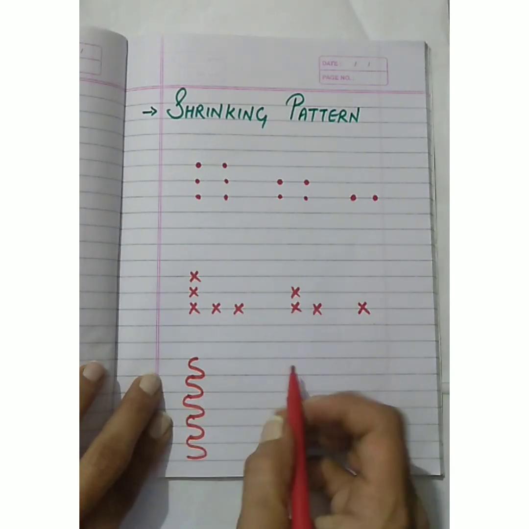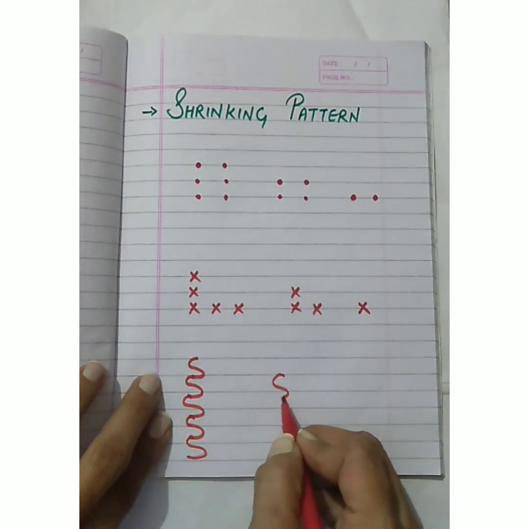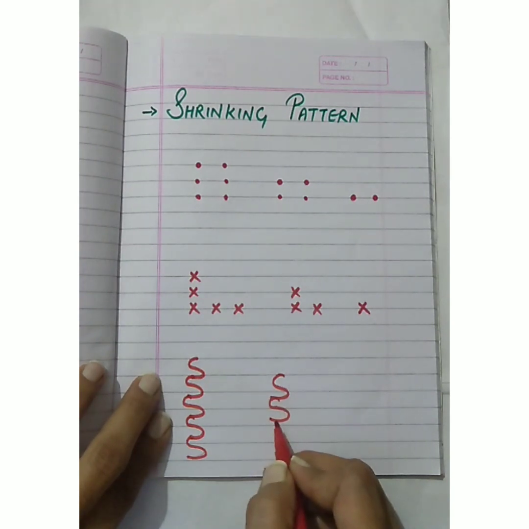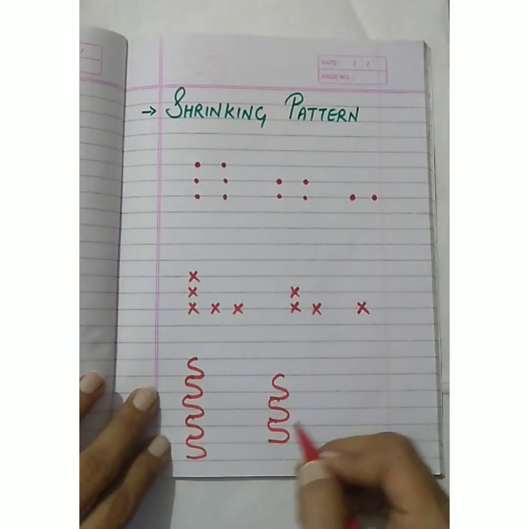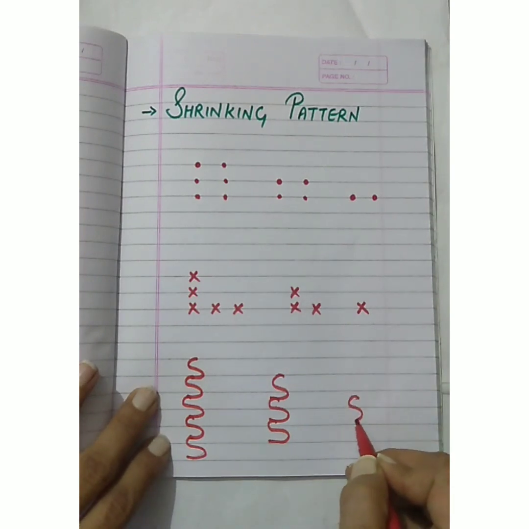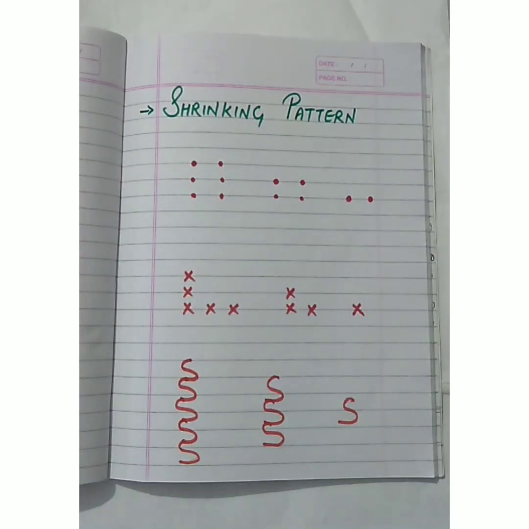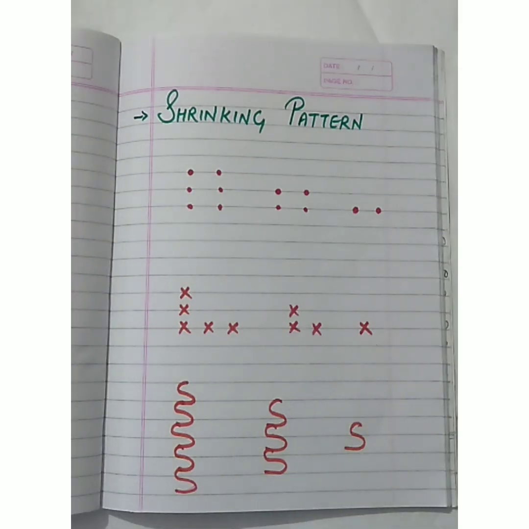In the next it shrinks, and there are 1, 2 and 3, only 3s. So it shrinks by 2 numbers. Then if there is 3, here it will be only 1. So it decreased, or shrank, by 2 numbers. So this is what a shrinking pattern is.